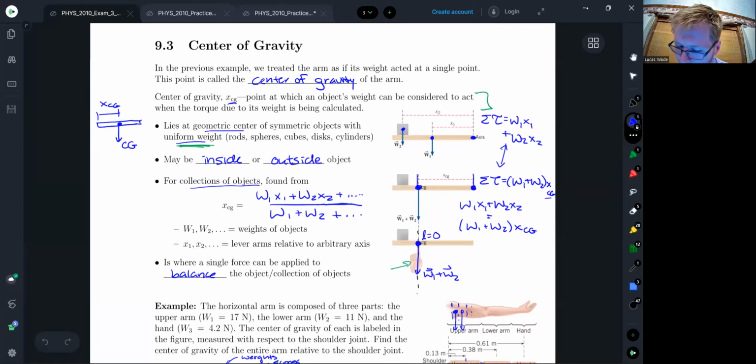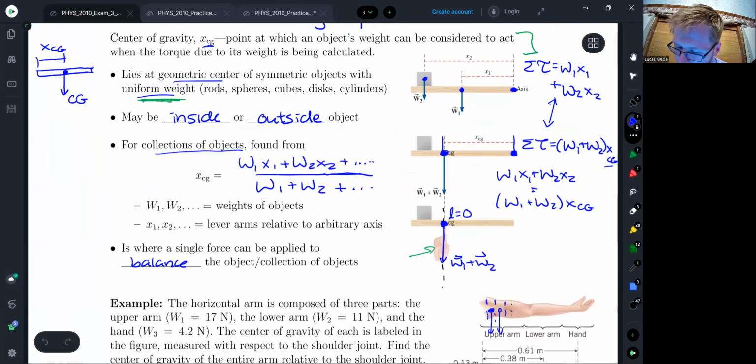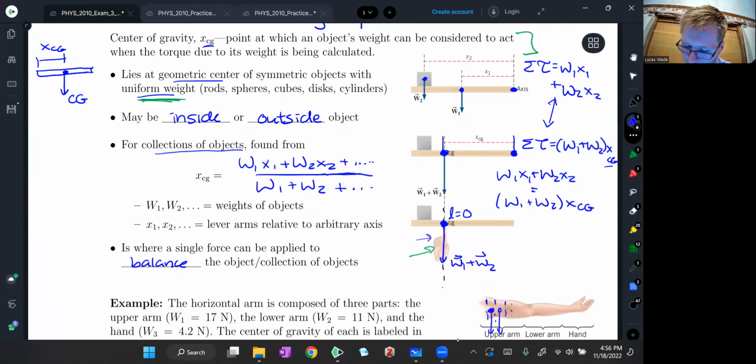Okay, so the reason this object balances here at the bottom is because the weight of the object can be treated as acting through the center of gravity. And so if you're supporting the object at the center of gravity, then that weight is not producing any torque around that rotational axis. And if it's not producing any torque, this board can't rotate clockwise or counterclockwise, meaning it balances.